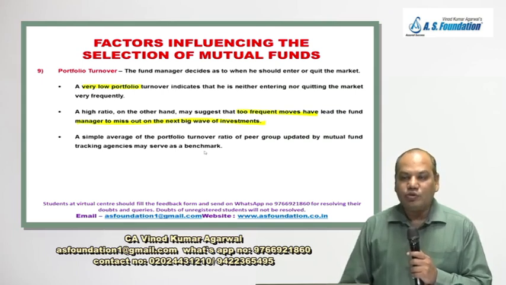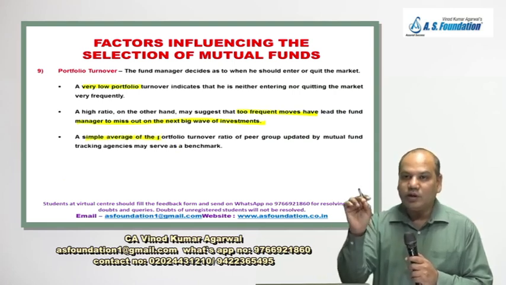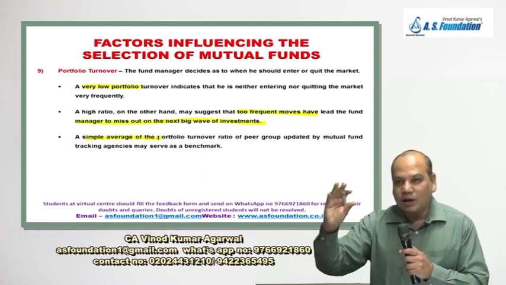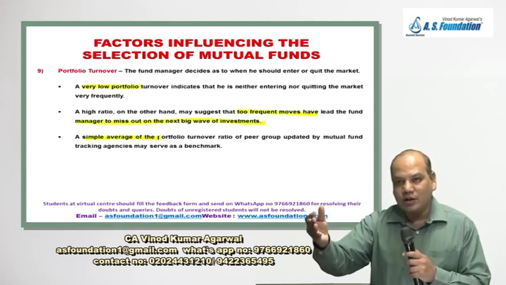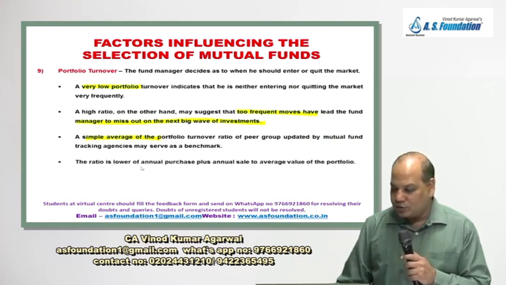There are many mutual fund tracking agencies. They give you a lot of information about mutual funds. Check what this fund's turnover is, what the average is, whether it is higher or lower than the average, and accordingly you decide to invest or not.